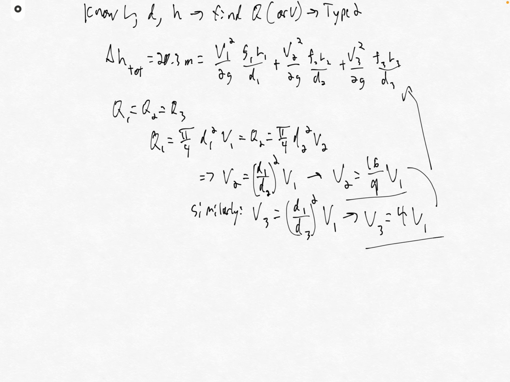So we're going to have 20.3 meters is equal to, we're going to be pulling out a factor of v1 squared over 2g. That whole thing is going to be multiplied by, first of all, f1 times L1 over D1.